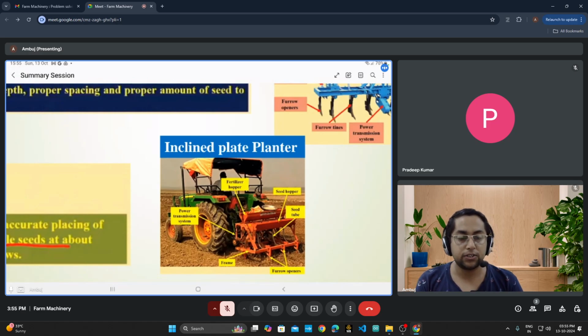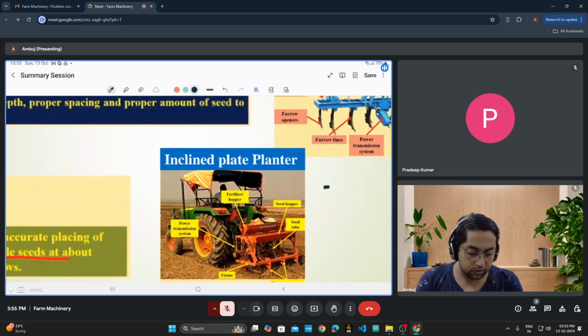It is not like you will first sow the seed and then in front of that sow the fertilizer. Suppose at this particular point you have sown the seed, then aside of that, at a certain offset distance, maybe 9 to 10 centimeters, you place your fertilizer.